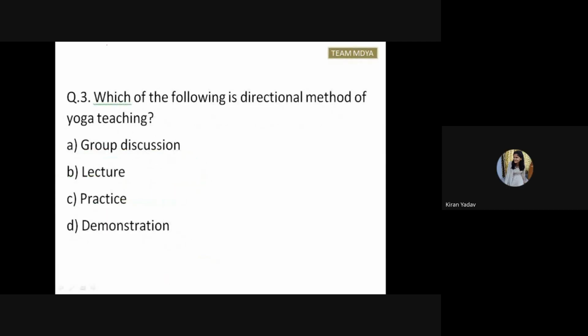Then next question is, which of the following is the directional method of yoga teaching? So if you remember about the directional method, first who will tell about the directional method of yoga teaching? The directed practice method.